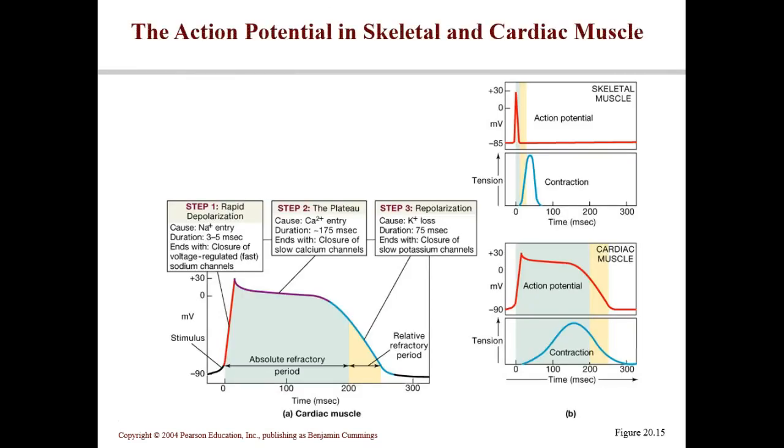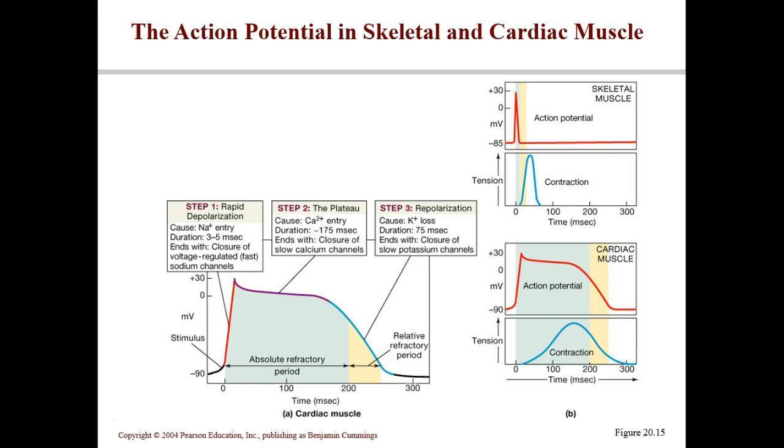And then comparing a cardiac action potential to a skeletal one. The cardiac action potential is much faster. You're comparing the top two to the bottom two, and we're looking at the far right.